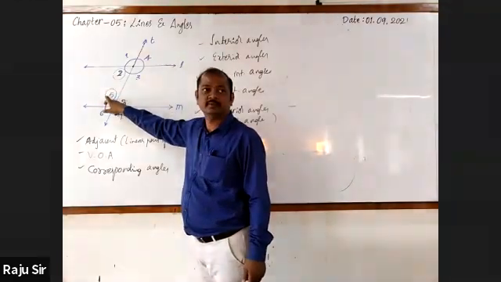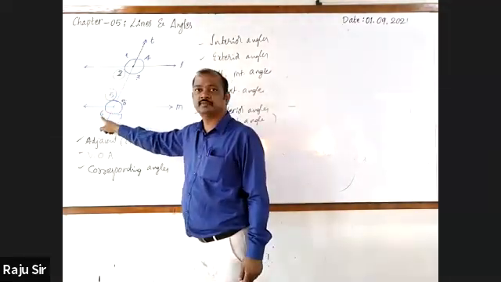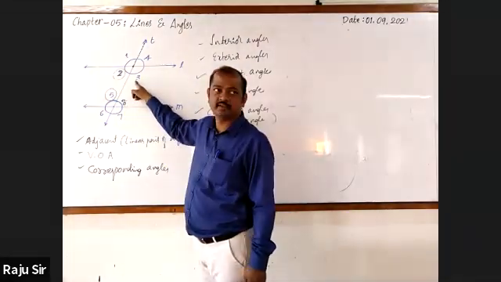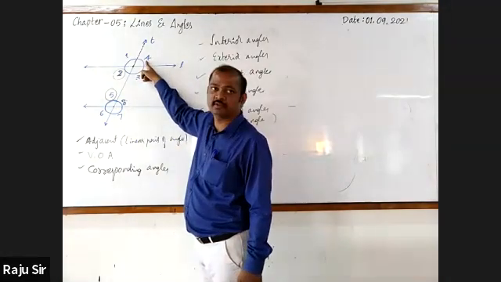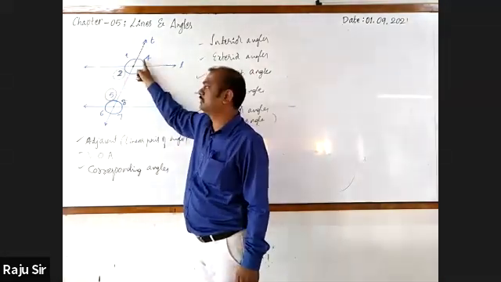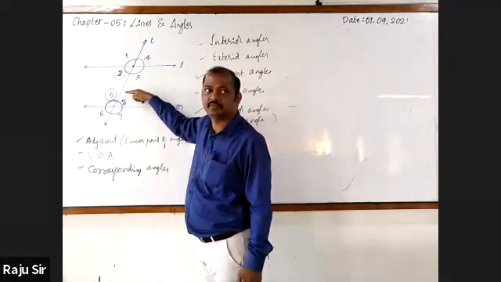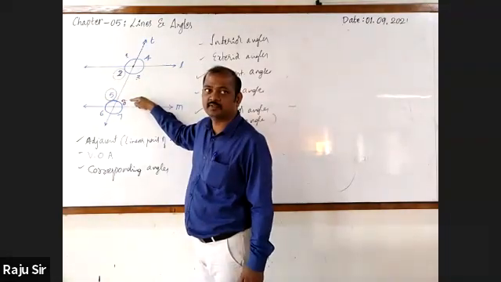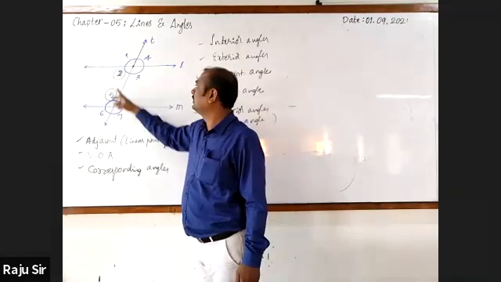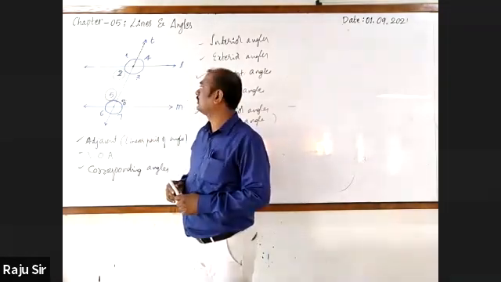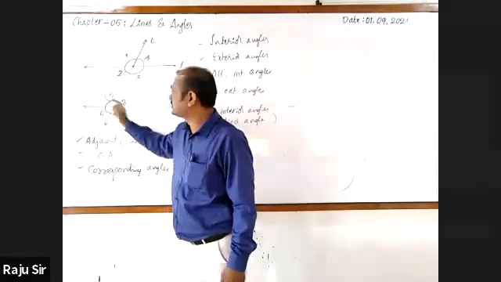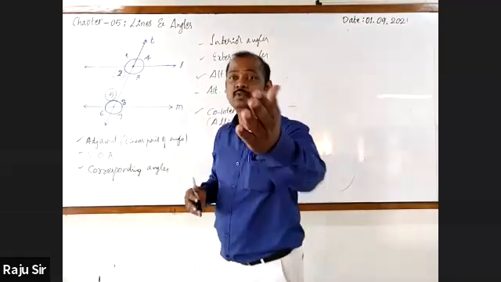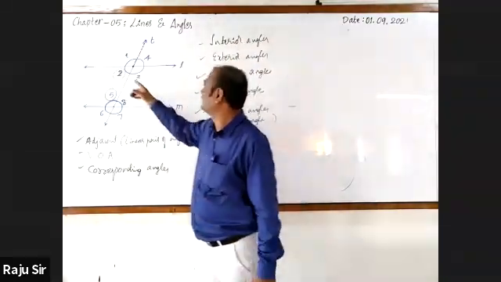Sorry, 2 and 5: co-interior. 5 and 6, 6 and 7, 7 and 8, 8 and 3: co-interior. 3 and 4, 2 and 4, 2 and 8, 3 and 5, 3 and 8: co-interior angles or allied angles. Then 2 and 5: co-interior angles. 2 and 6: corresponding angles. Next, those who are on the line.